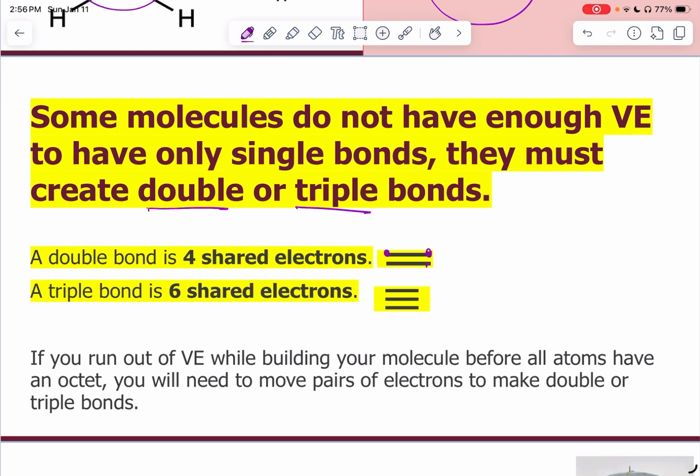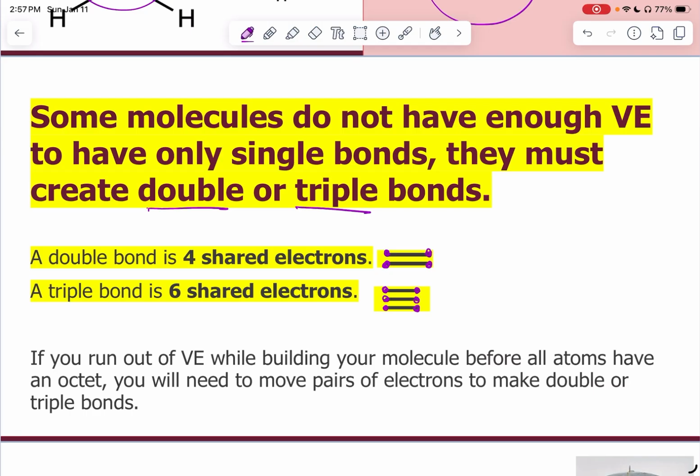You can imagine that the electrons, you can draw them on the ends of the lines there. And a triple bond has 6. Each line has 2: 1, 2, 3, 4, 5, 6. That is how we represent a set of 6 shared electrons, or 3 shared pairs.